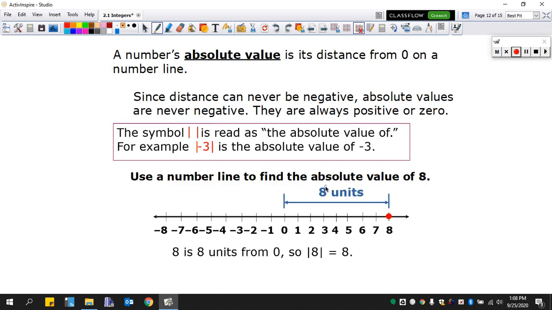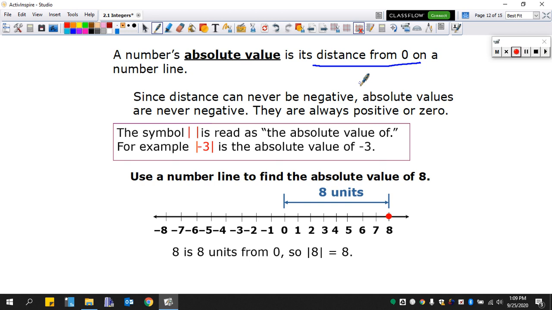All right, which brings us to talking about absolute value. Absolute value is the distance that a number is from 0. It's a distance from 0 on a number line. Now, we all know that distance can never be negative, right? Because it's impossible to walk a negative distance.